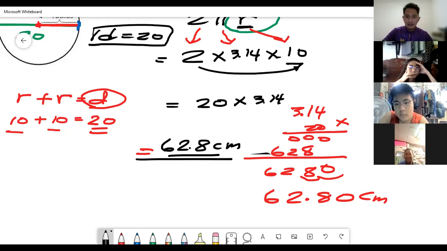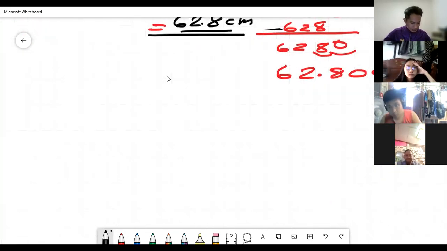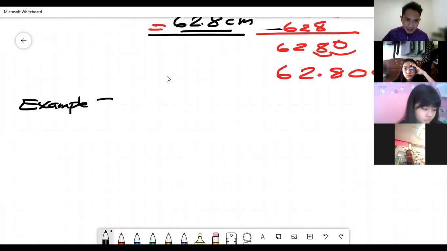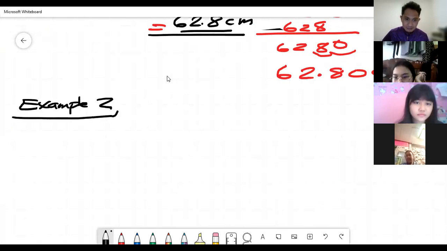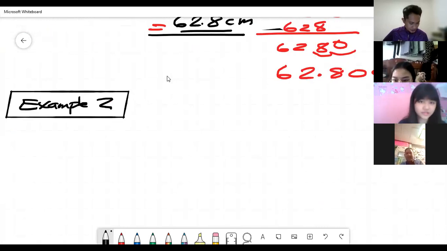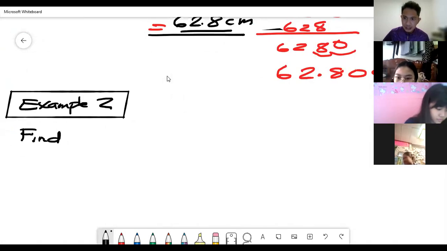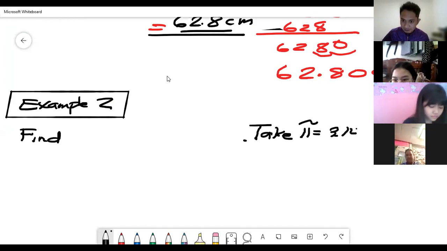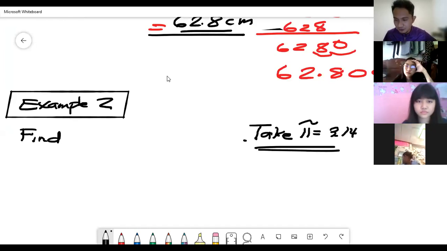Look at the box, at the last words: take pi is equal to 3.14. Meaning, the book said we will use 3.14.